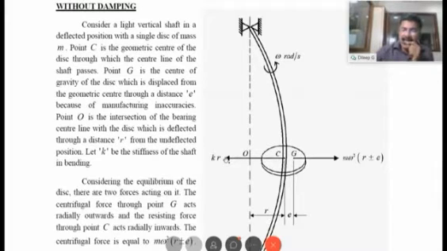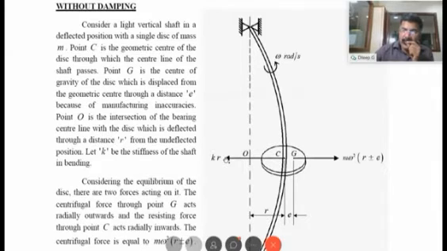Now, K is nothing but the stiffness of the shaft in bending. Stiffness means if you have a shaft and if you apply a central load, transverse load, then the force required for unit deflection at the center, that is 1 millimeter deflection at the center, that transverse load is nothing but K. So I will explain once again.